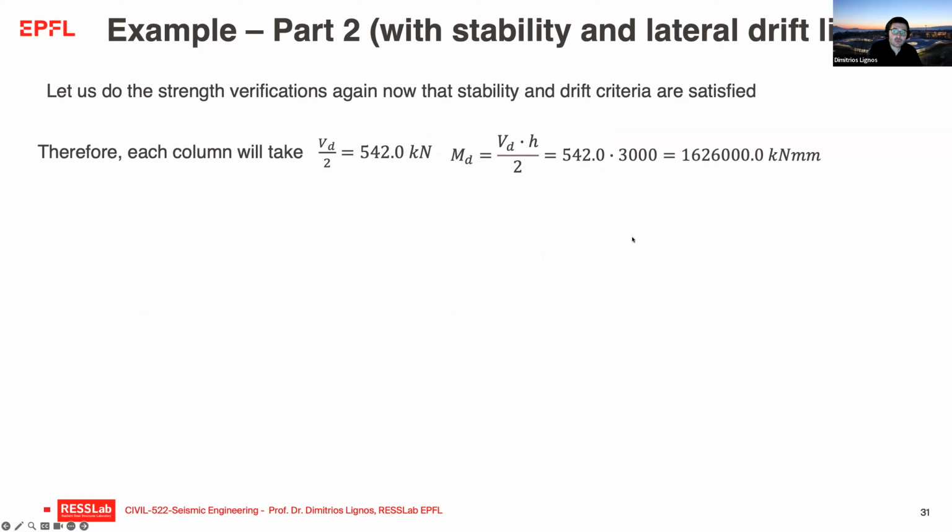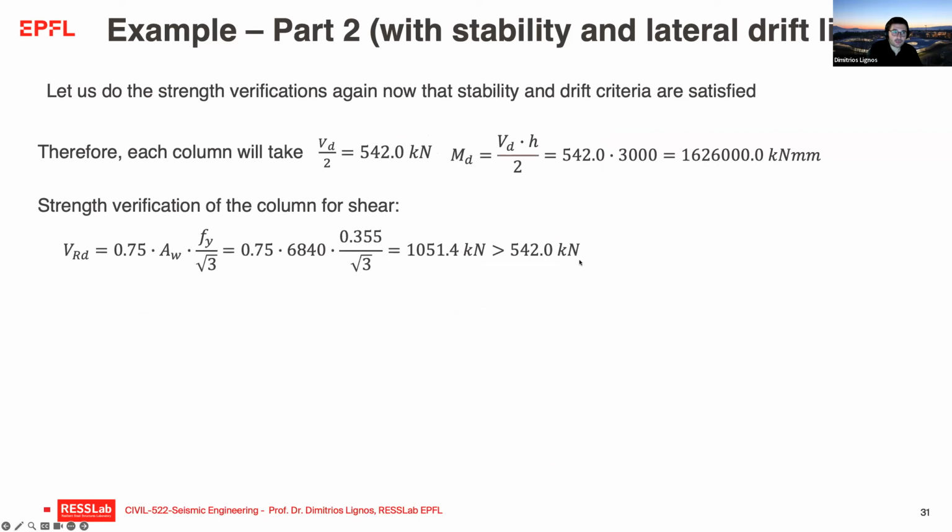Now let's see what happens with the actual strength verification. When I do the strength verification of the column in shear, I will of course have to consider updating my area here to that of the HEB 500. And my VRD, if I do the substitution, is going to be 1051.4 kilonewtons, which is safely larger than the corresponding demand that I have from the seismic action.